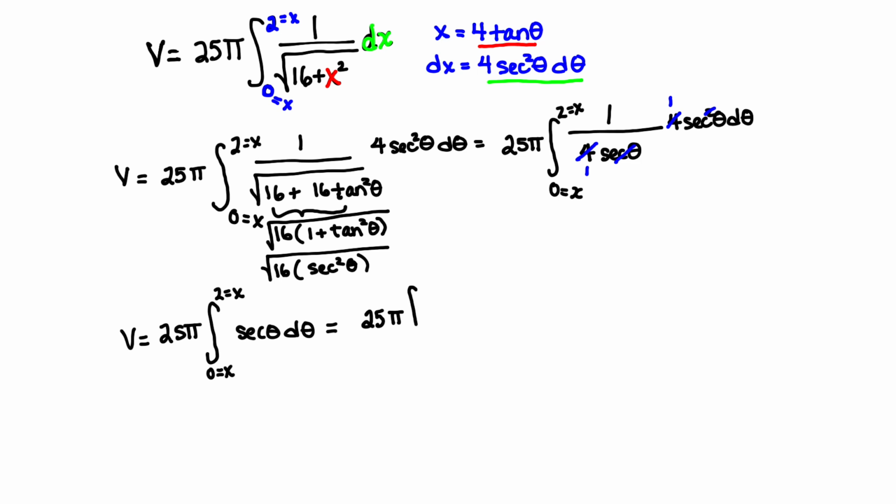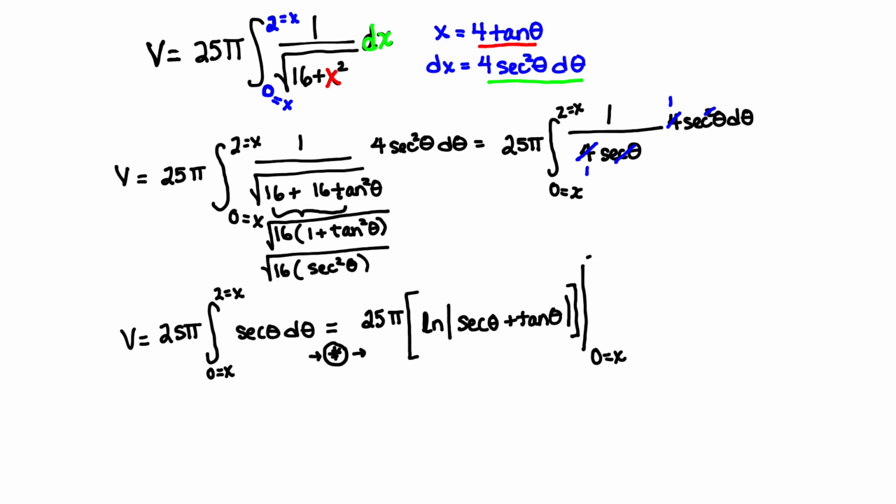But in any case, however you like to do this, because I've done this a million times, I'm just going to write down what it is, that the antiderivative of secant is the natural log of secant theta plus tangent theta. And again, that comes from my Calculus 1 knowledge. And if you want any help with that step or want to know a little bit in between, simply email me and I'm happy to show you how it goes to that step right there.